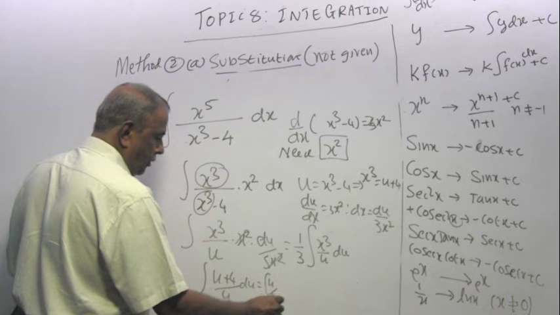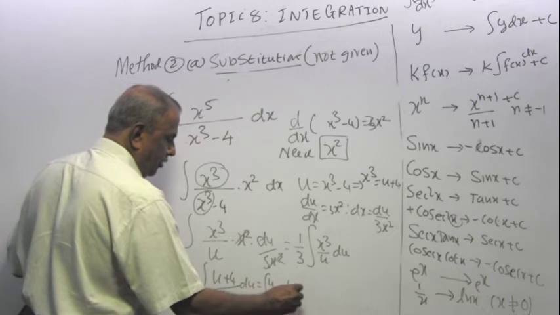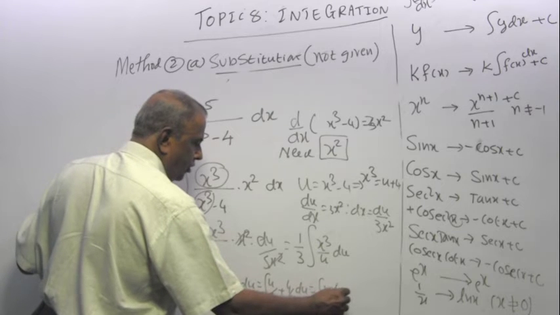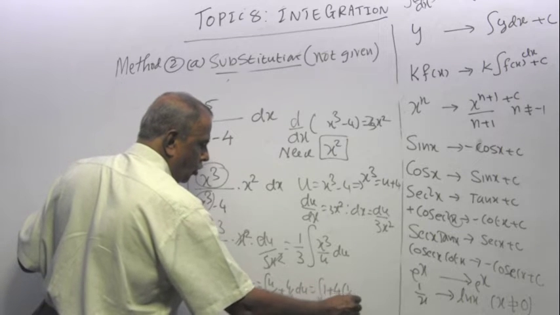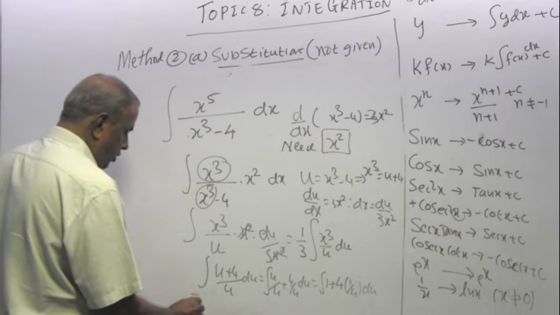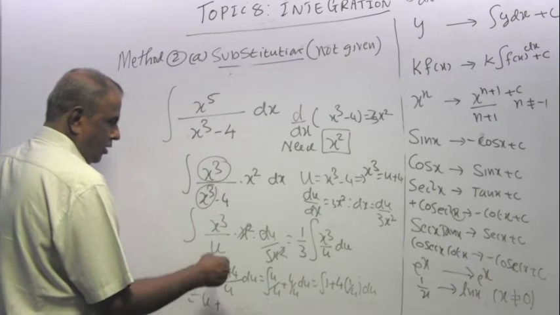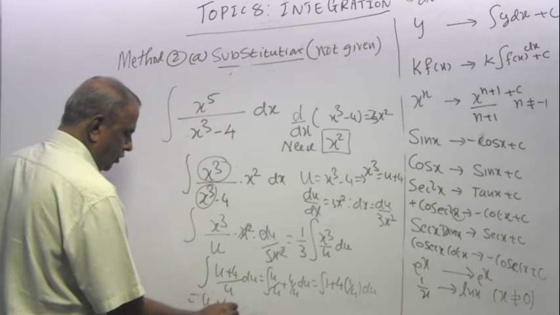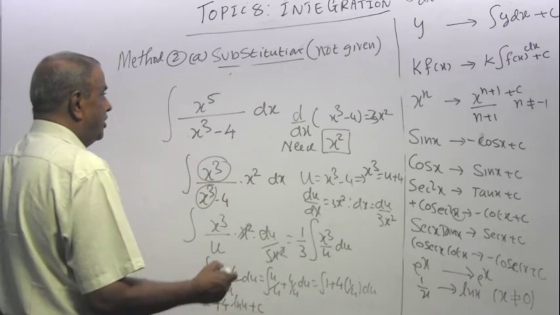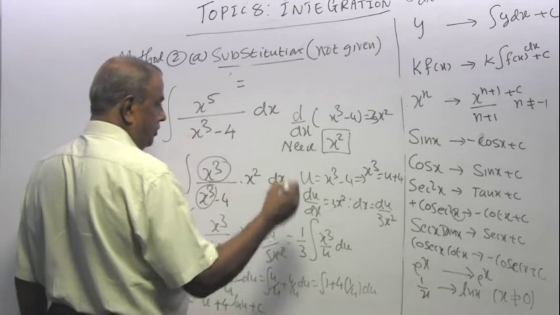Integral u plus 4 over u du is integral 1 plus 4 times 1 over u du. Integral 1 gives you u, plus 4 times 1 over u gives you ln u plus c. So what is your u?